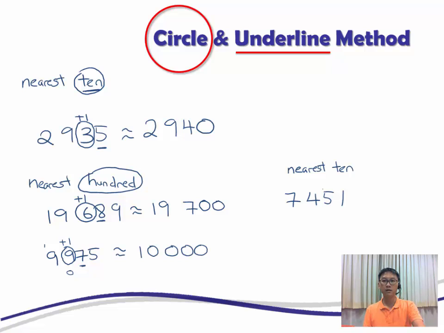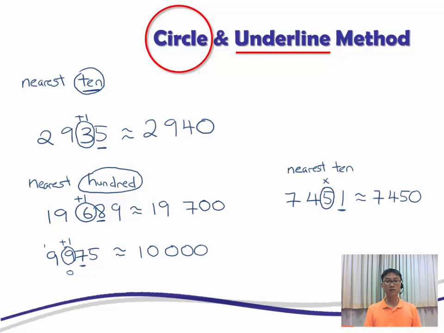Circle the tens place, underline the one next to it. This is 1, less than 5, 0 to 4. This remains the same. I do nothing to it. So this becomes 7, 4, 5, 0.